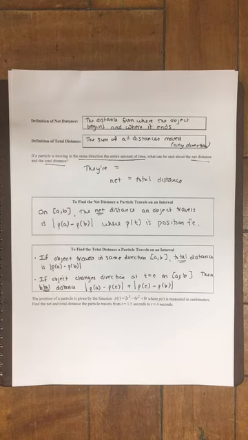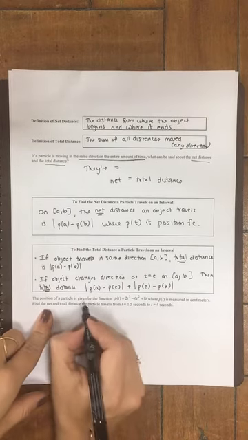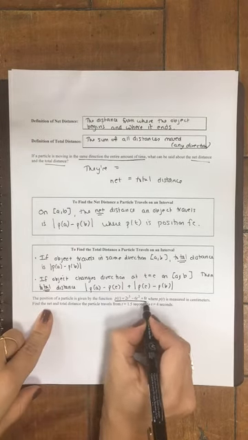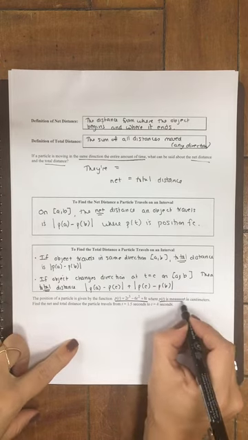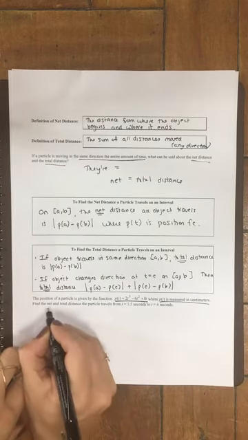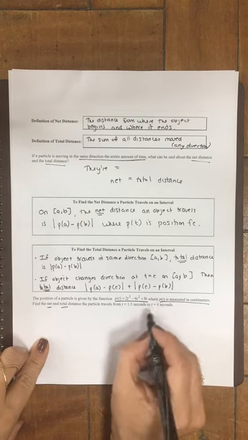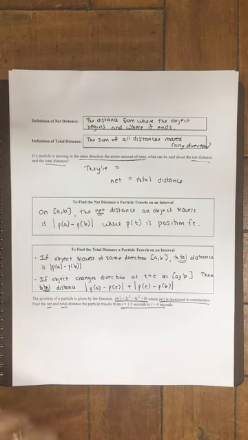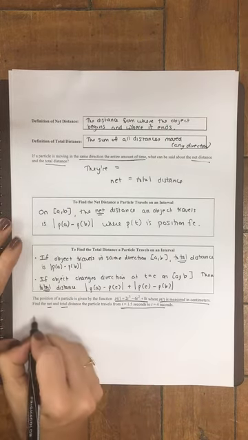So let's see an example. The position of a particle is given by this function, where position is measured in centimeters. Find the net and total distance the particle travels from 1.5 to 4 seconds.